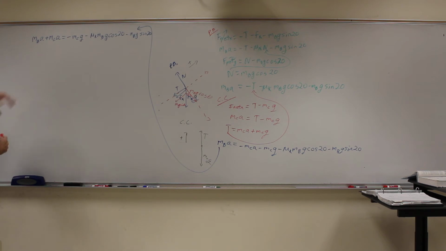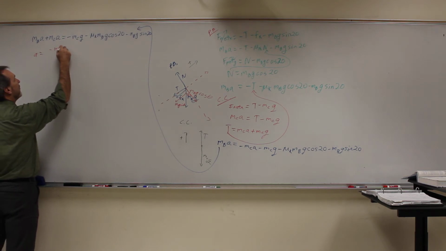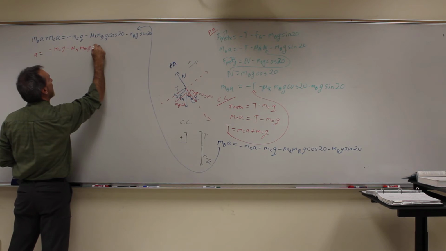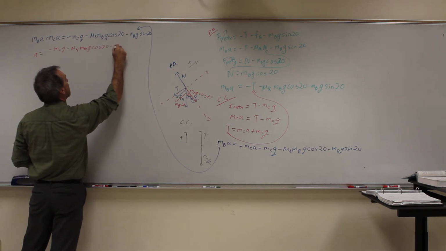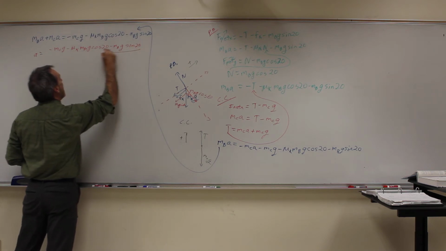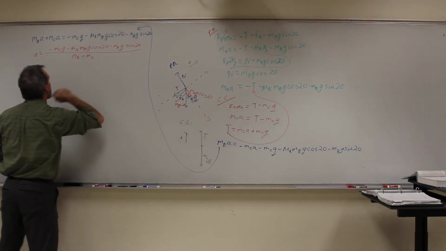All right, now we pull the A out and then we divide by that. So we're going to get that A is equal to negative MCG minus mu sub k MBG cosine 20 minus MBG sine of 20, all divided by MB plus MC.